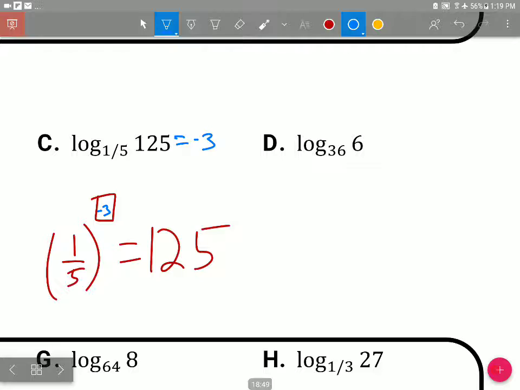All right, letter D, last but not least, this one. This would be 36 to the what power equals 6. Why would it be half? You stick it in the calculator, you got it. 0.5. She's absolutely right. It is 36 to the 1/2, but why does a 1/2 exponent get me to the 6? What is it doing?